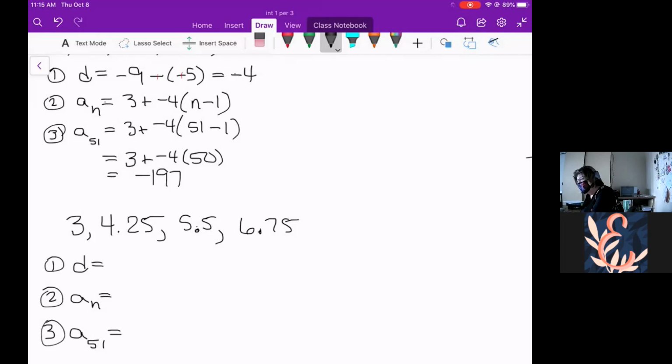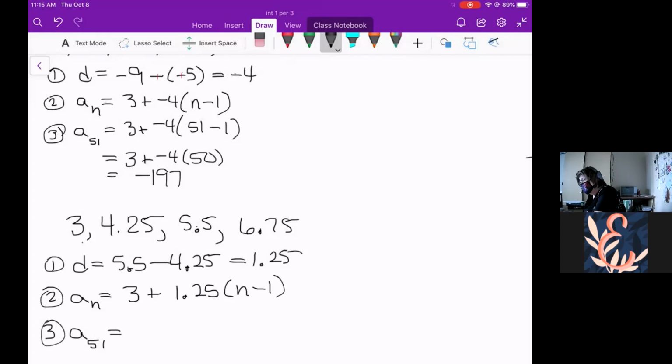All right, so the common difference, I'm going to use 5.5 minus 4.25. And it gives me 1.25. So my formula is the first term, which is 3, plus my difference times n minus 1.